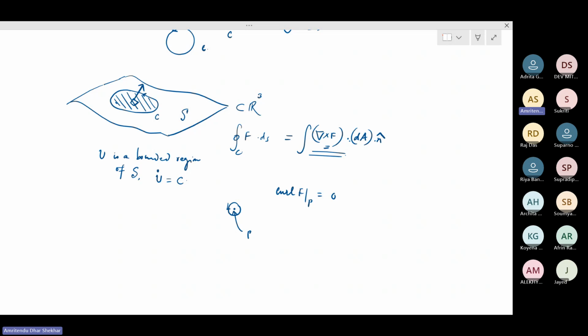These eddy currents lead to a lot of loss of energy or loss of power in the transformer. And I think you define the eddy current also as a curl. So it's got to do something with rotations. That's why the term is there.